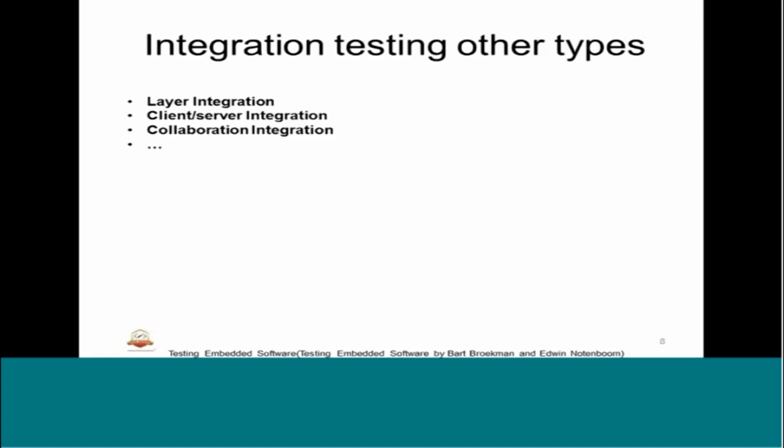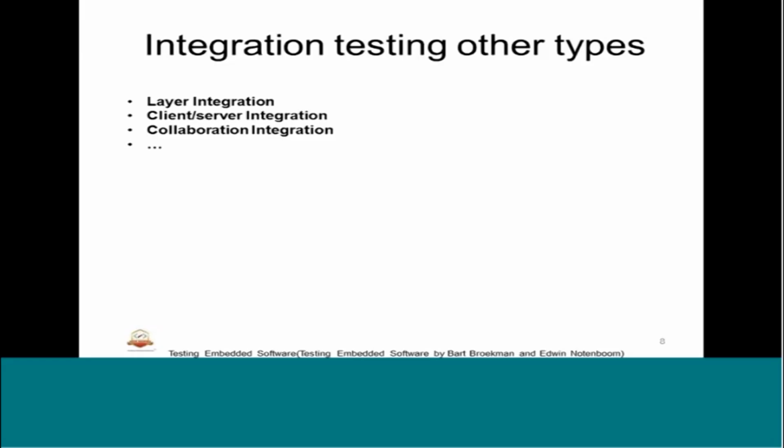Collaboration integration. Basically, a collaboration is a collection of objects which work together to achieve a common purpose, for instance, realization of a use case. We'll study what a use case is and test cases derived out of use cases in the later stages. The system supports many collaborations because it has to realize many use cases.